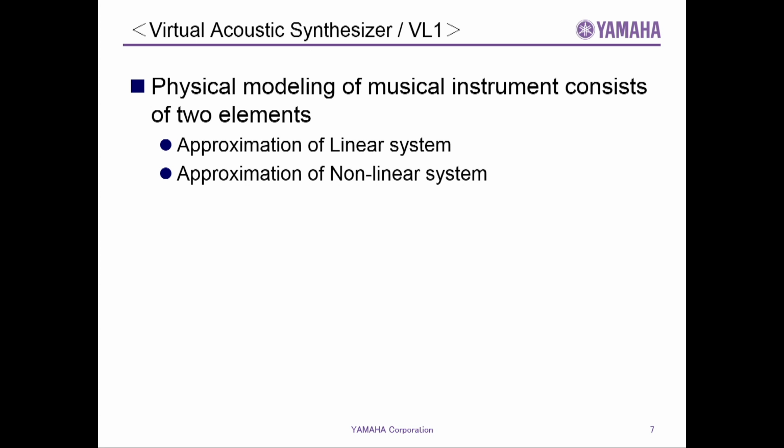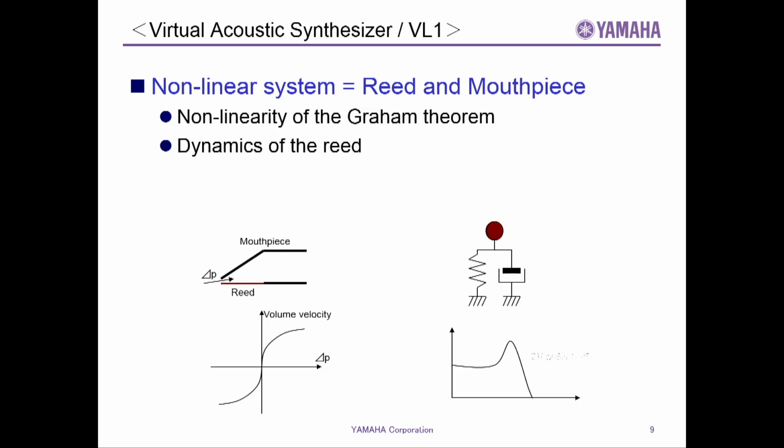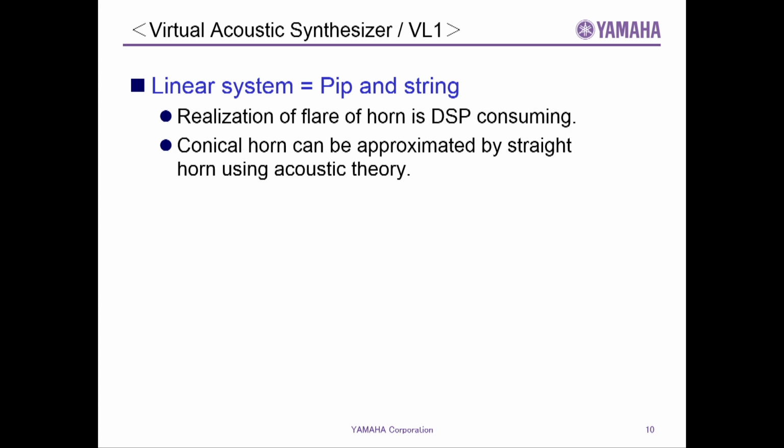When we talk about physical modeling of musical instruments, it consists of 2 elements: approximation of linear systems and approximation of nonlinear systems. Nonlinear systems are too much for today, so I will skip that chart and go to the linear system, like a pipe and a string immersion.